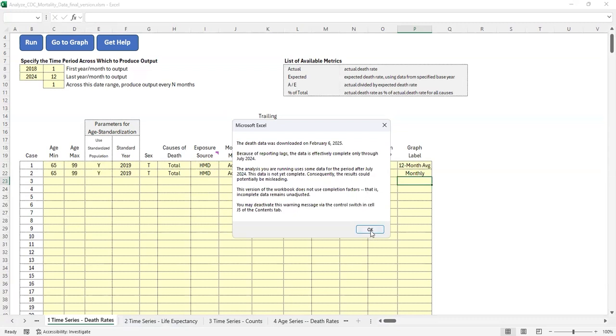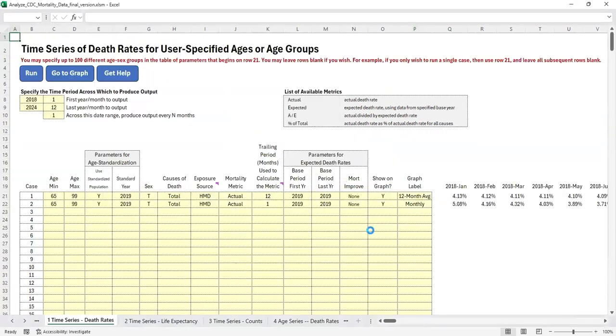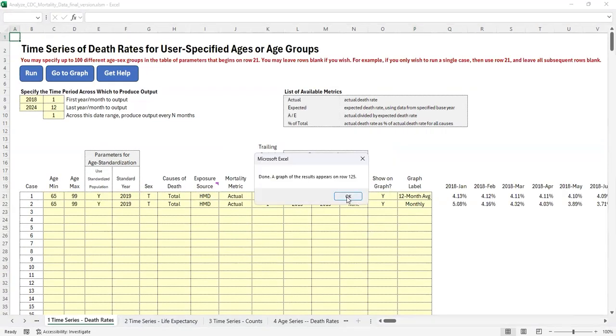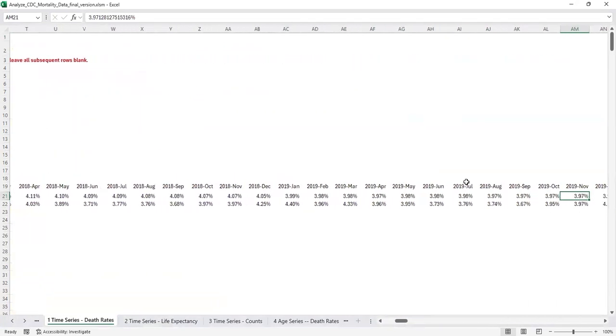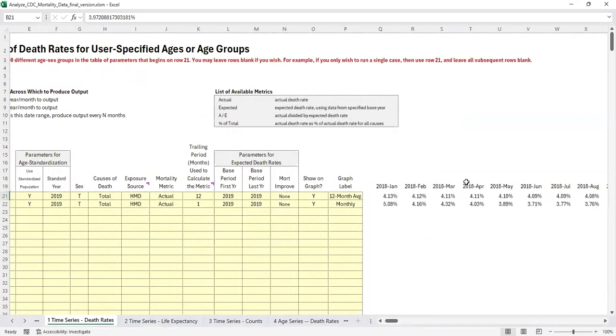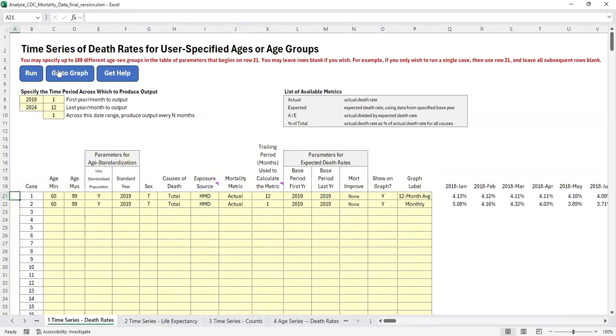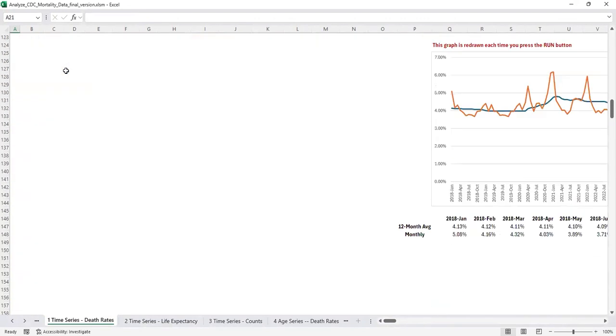So we need to be mindful of that when we look at these results. We run, we have time series of results in tabular form, and we can also look at these results on a graph. Let's go ahead and do that.